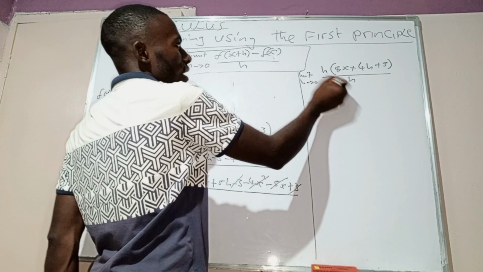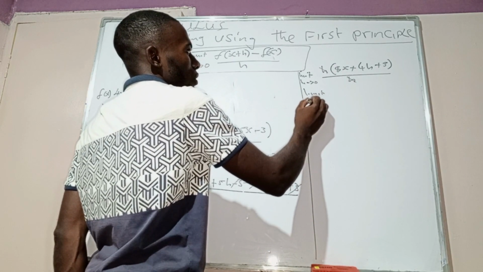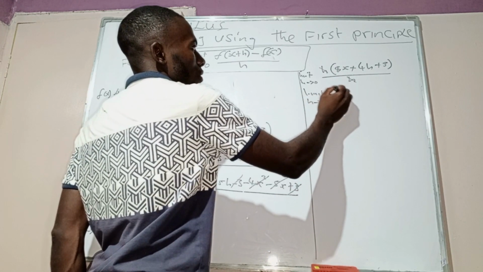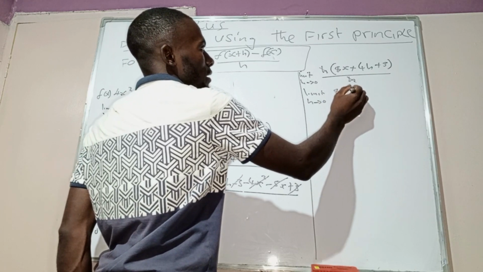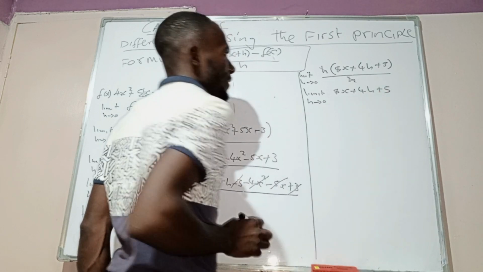So you have h, these you can divide so that you remain with the limit, when h is approaching 0, you have 8x plus 4h plus 5.